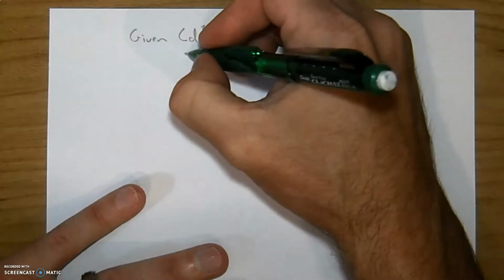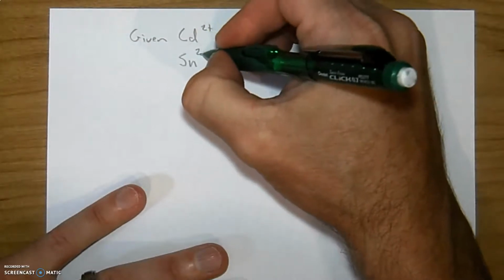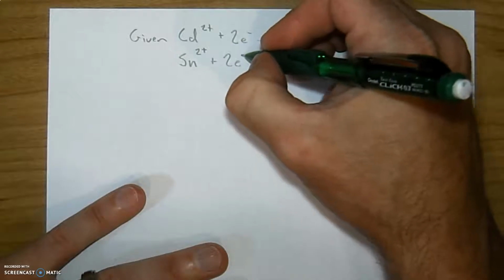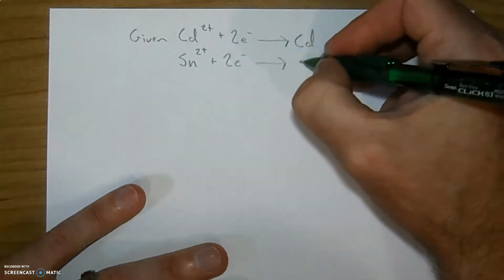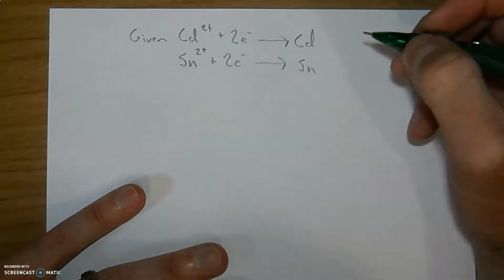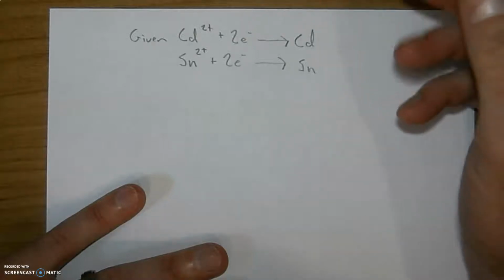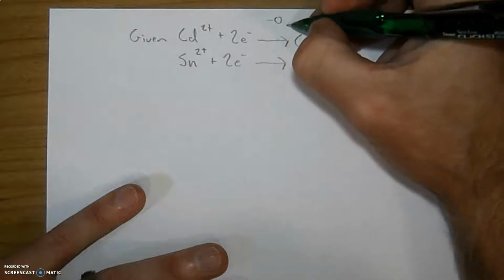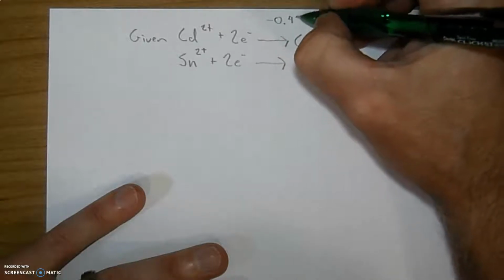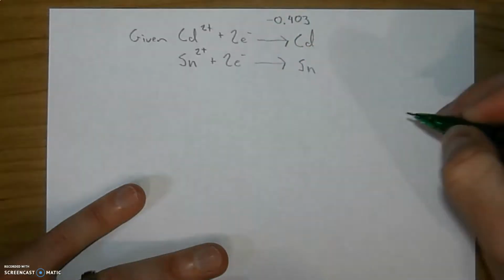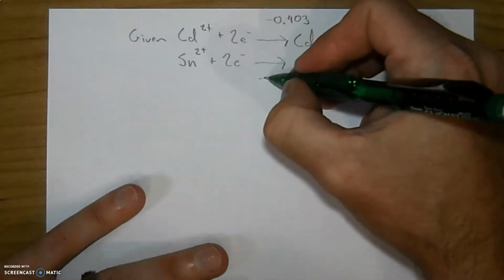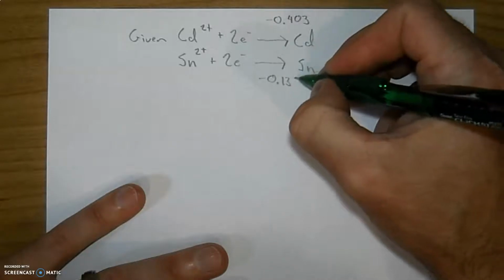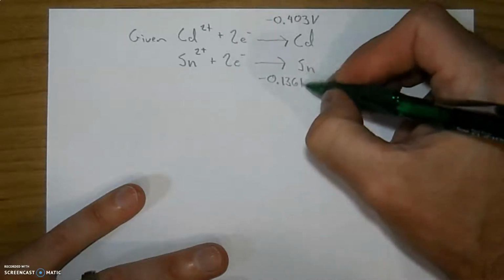We also have some tin, and that is gaining some electrons and forms tin solid. Now I have the values already present. The value for the cadmium is negative 0.403. Tin's value is negative 0.136, and these are both voltages.